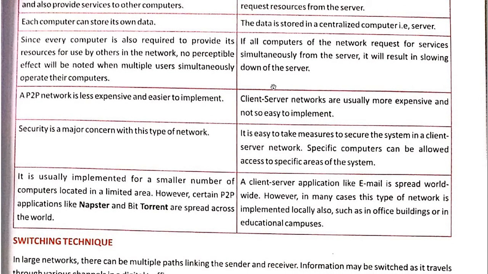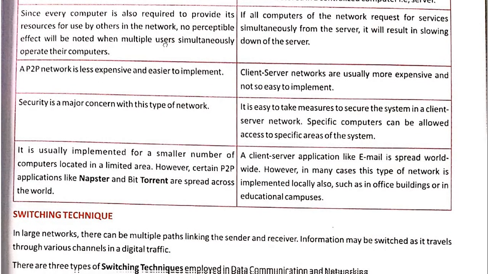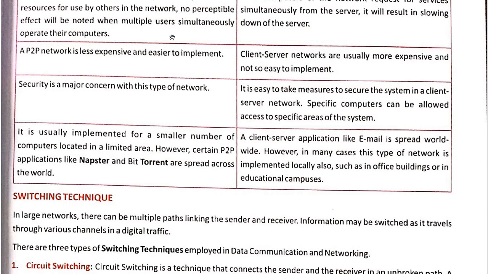So here only one computer, that is the server, is the provider. When many people start asking the server for resources, the server gets busy and may get slow. But in P2P all the computers are connected equally, so there is no chance of getting slow.